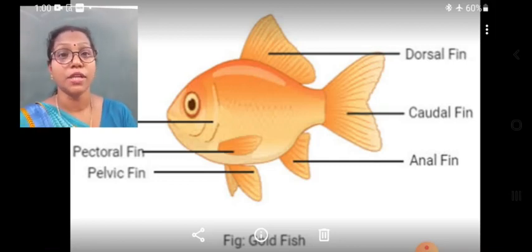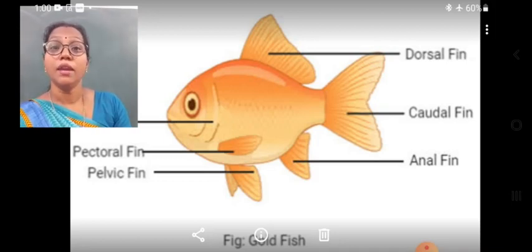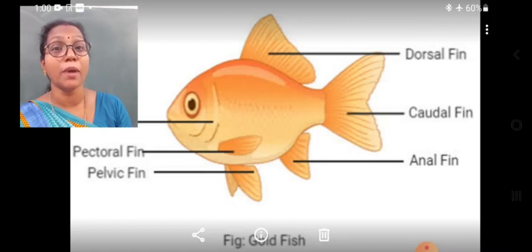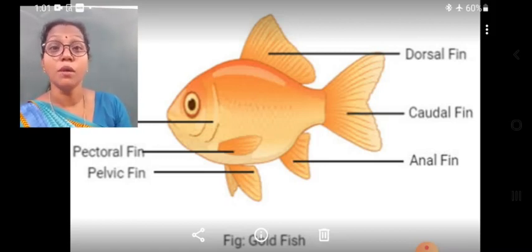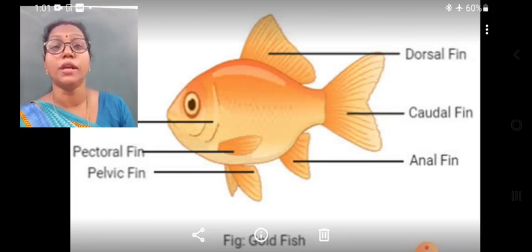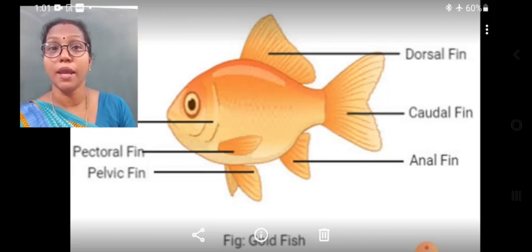We know that fishes are called vertebrates because a vertebral column, or backbone, also known as the spine, is present. In fishes, strong muscles are attached to the vertebral column and these strong muscles work in pairs.